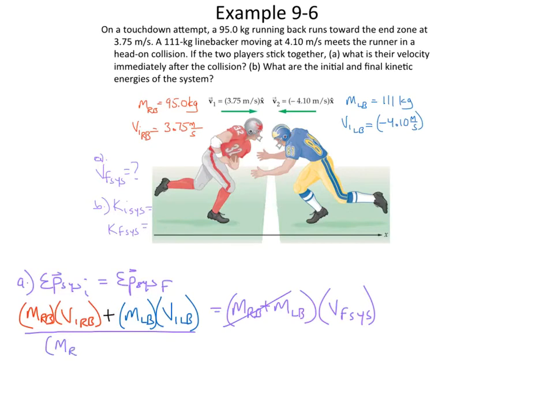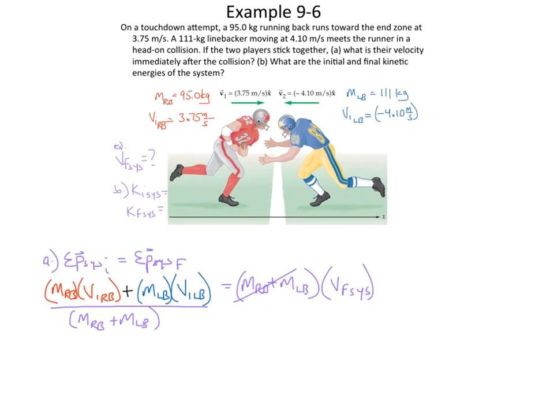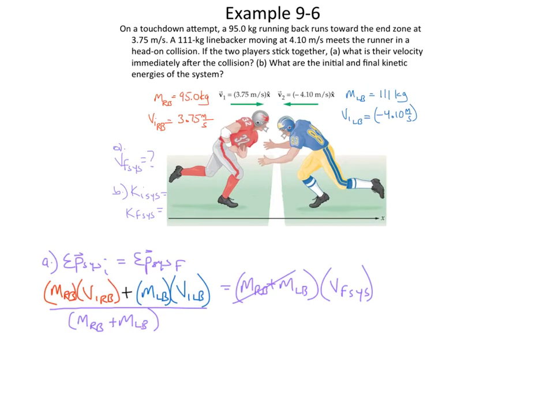Mass of the running back plus mass of the linebacker right there. And now down below, I'll have to shrink this down yet even more. I think I'll have space now. Now down below, I'll actually write in our values and we'll plug it in. All right? But dividing this down, we now have our equation solving for the final velocity of the system, which is what part A is asking us for.